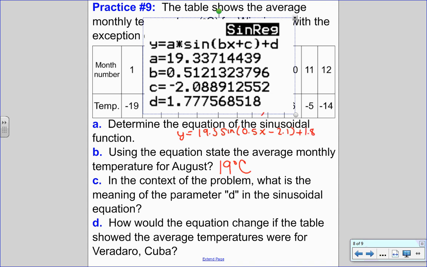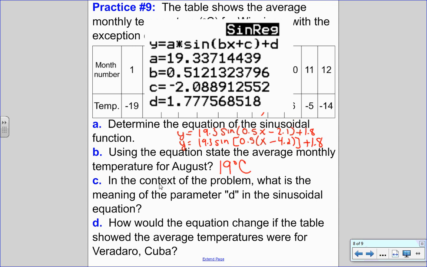Now remember that the calculator doesn't factor b out, but we do, so let's rewrite that as 19.3 sine of b, which is 0.5. Factor that out. Remember, when I factor out a 0.5, it's like doubling, so it'll be minus 4.2 plus 1.8. Perfect.